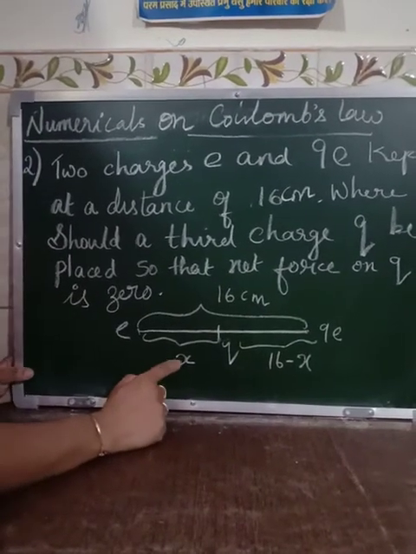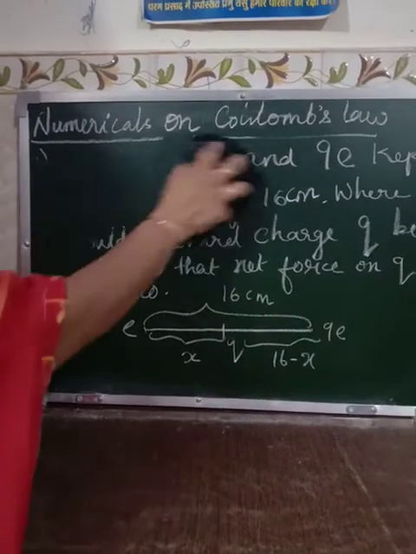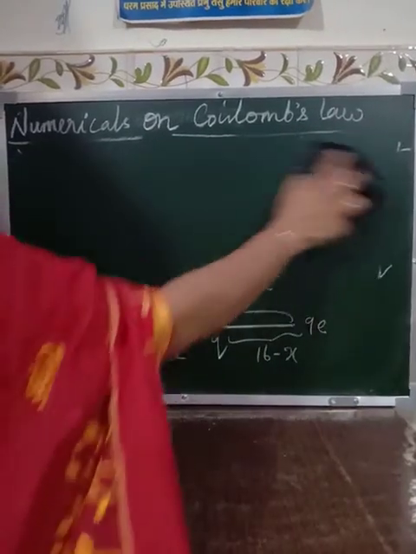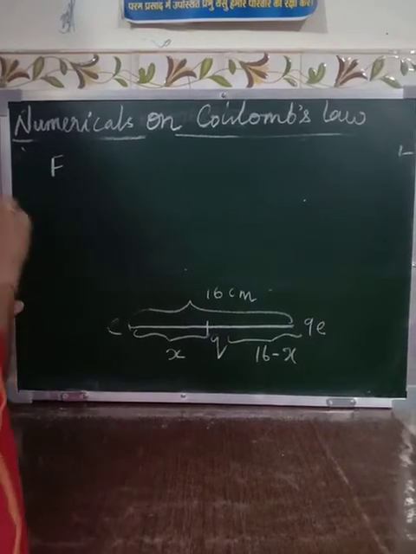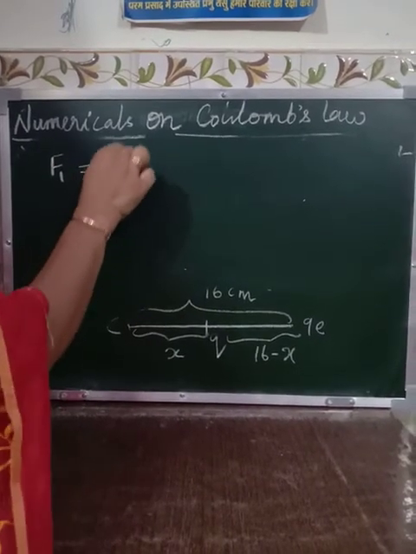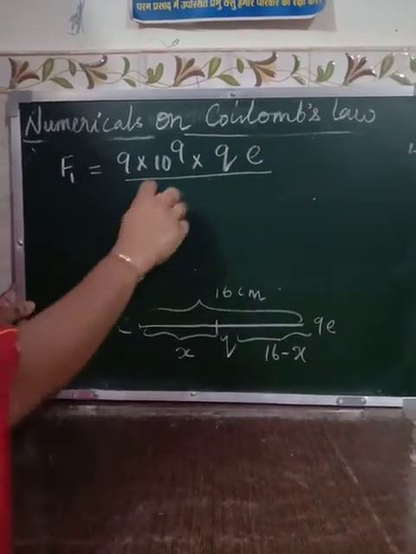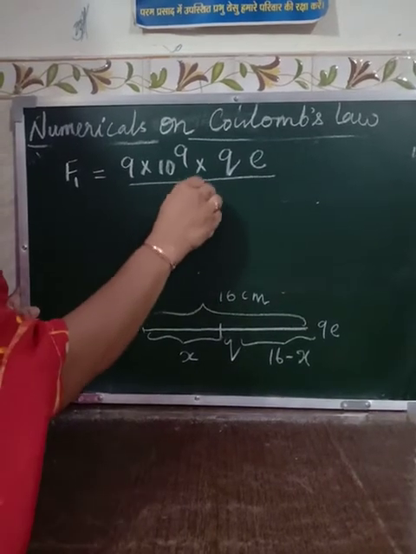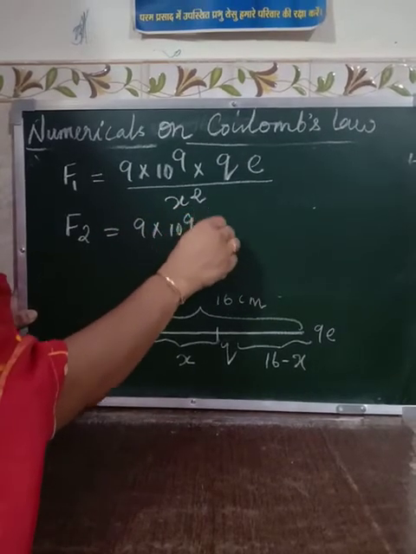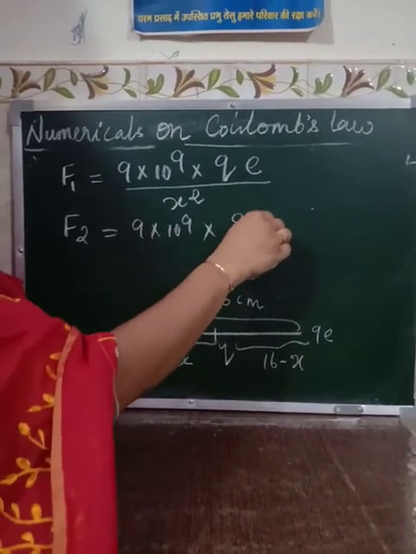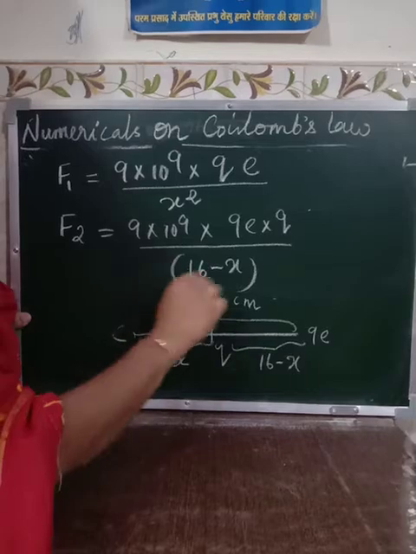So we can calculate the forces. F1 is equal to 9 into 10 raised to 9 QE divided by X square. F2 is equal to 9 into 10 raised to 9, 9E into Q divided by 16 minus X the whole square.